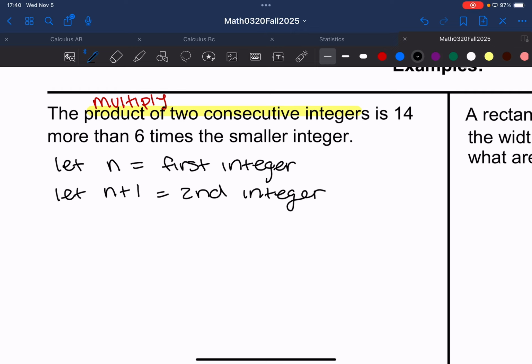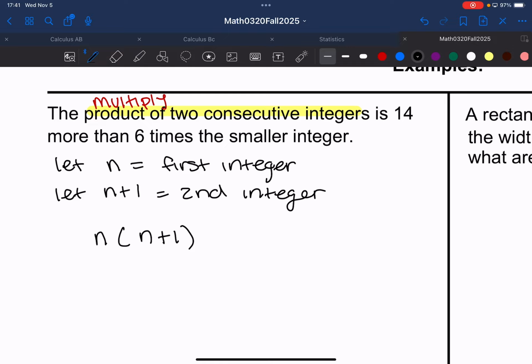It could also be minus because it doesn't say what order, so it could be the number before as well. So if this says the product of two consecutive integers, then we're going to take n and multiply it by n plus 1. That's the first part. And you don't have to use n. You could use any variable. You could use the variable x, y, z, any variable that you want.